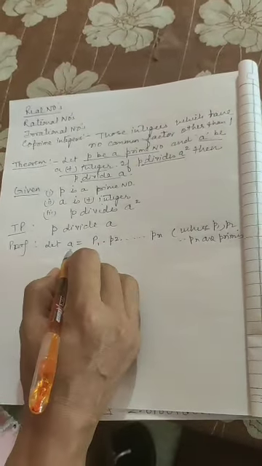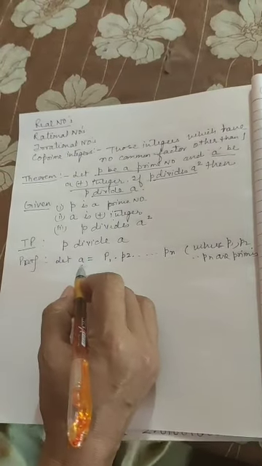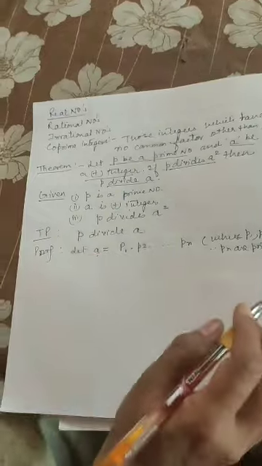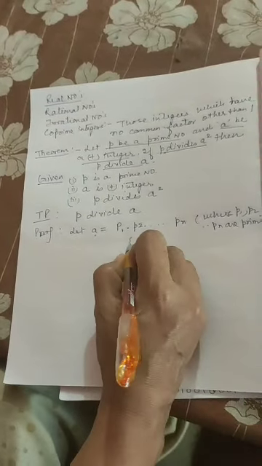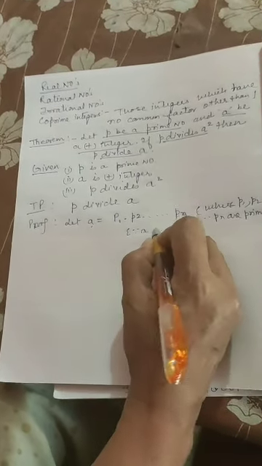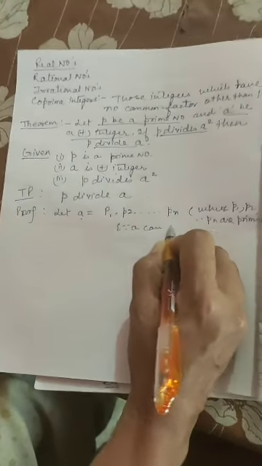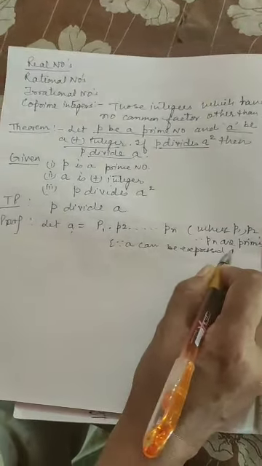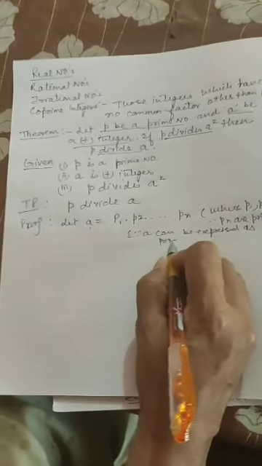Since a is a positive integer, it can be expressed as a product of primes.